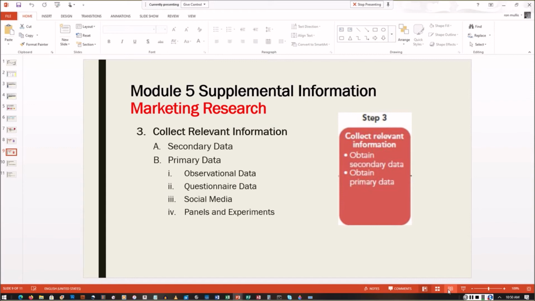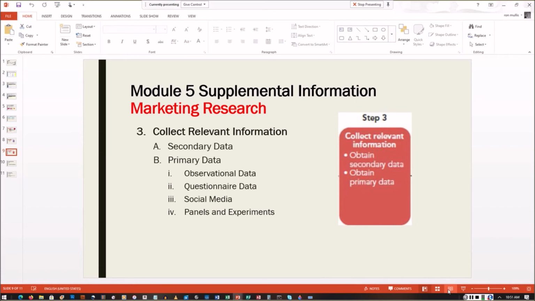There are two main types of data. We have the primary data and then the secondary data. The secondary data kind of coincides with the secondary research, which I discussed in step 2, where it's information that was previously collected, analyzed, and recorded.